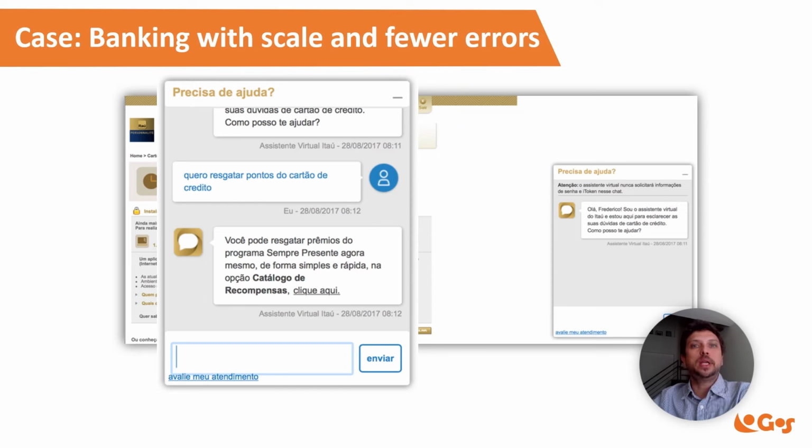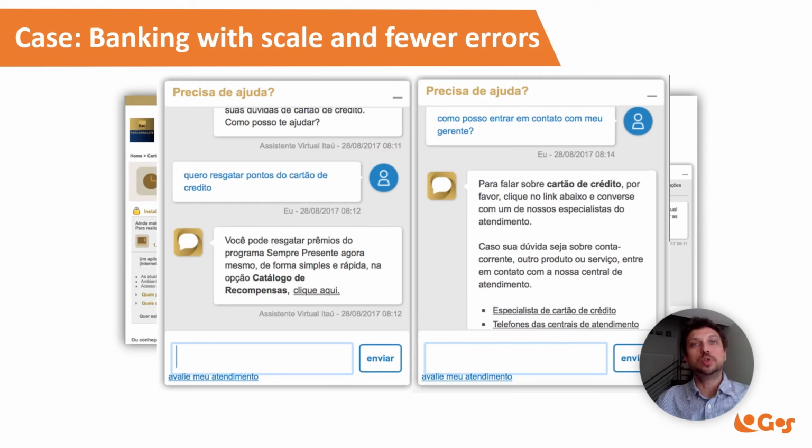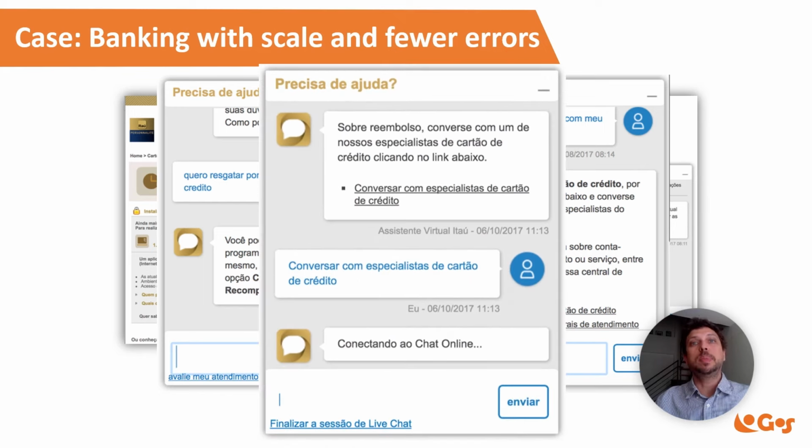If we train the algorithm correctly, if we make the projects correctly, it will answer the question. It will solve the customer's problem. And it's much better to have a quick response than to have to explain the whole case again to the operator and so on. So it's about planning the project and doing the right implementation.